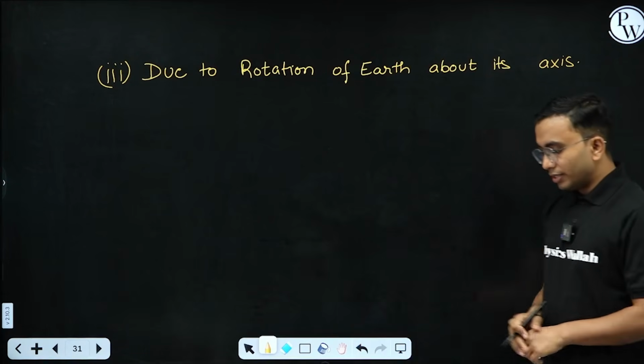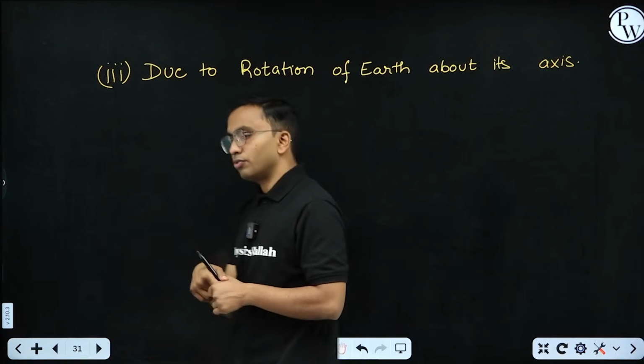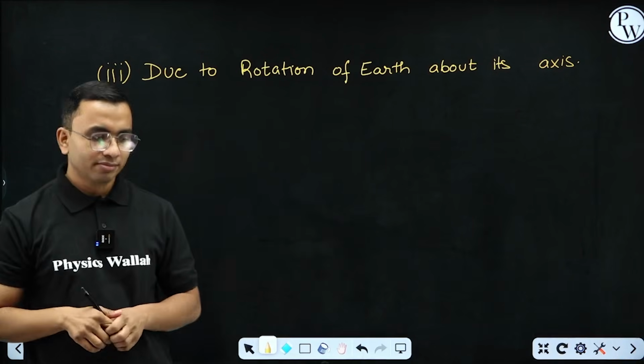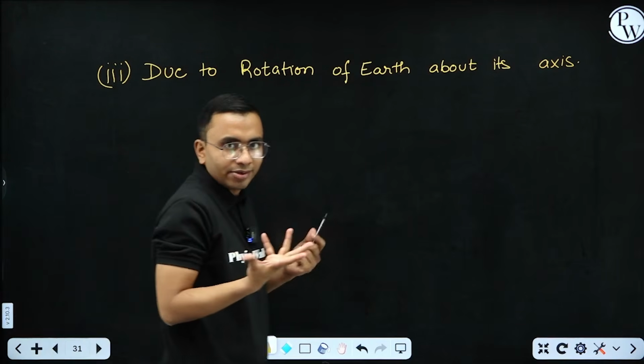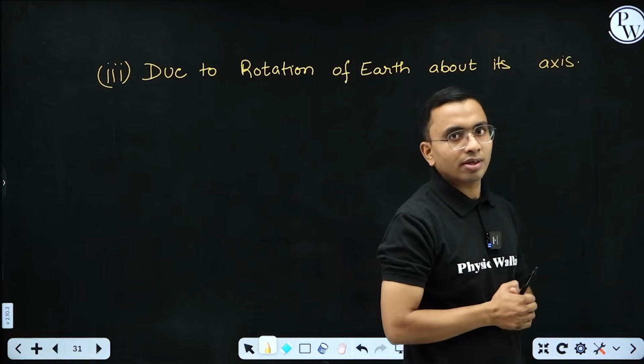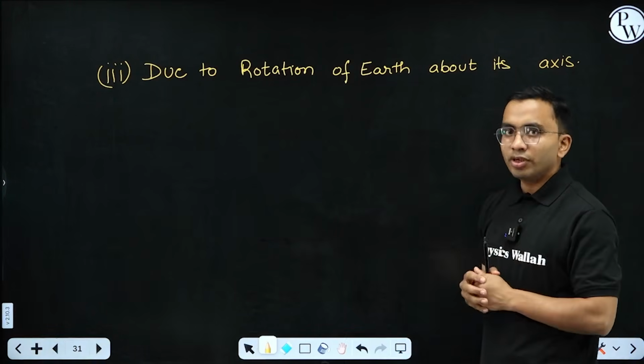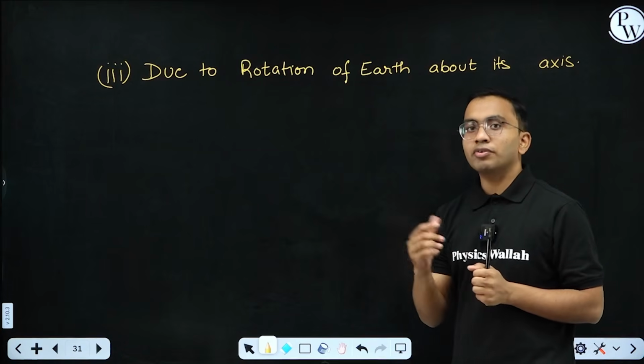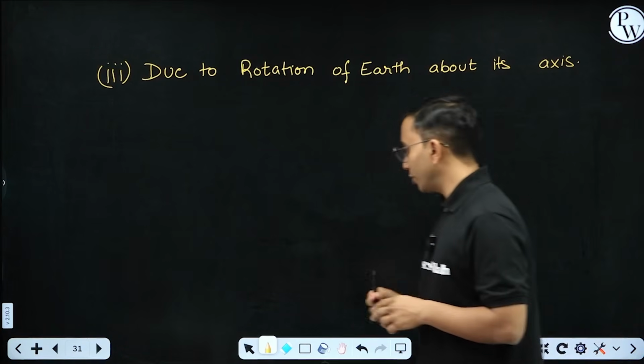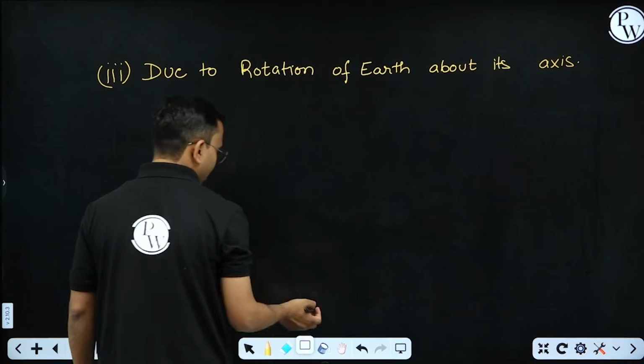Generally, when we say g, we don't take the rotation effect. So we may say that that is the acceleration due to gravity at the poles, because at poles the rotation effect will not come. On the equator, the rotation effect will be maximum. So let us consider that rotation effect now.